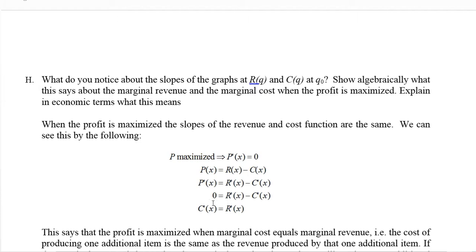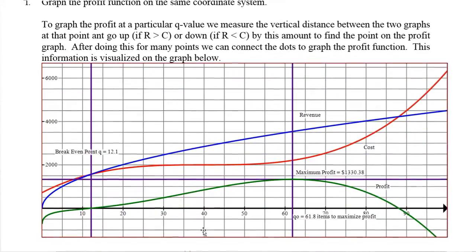Remember, the marginal cost is approximately the additional cost for making one additional item. And the marginal revenue is approximately the additional revenue for making one additional item. So if you look over here, let's say we're over here at 50, those slopes there, right here at 50, are just barely positive, and more positive up here, bigger positive here.